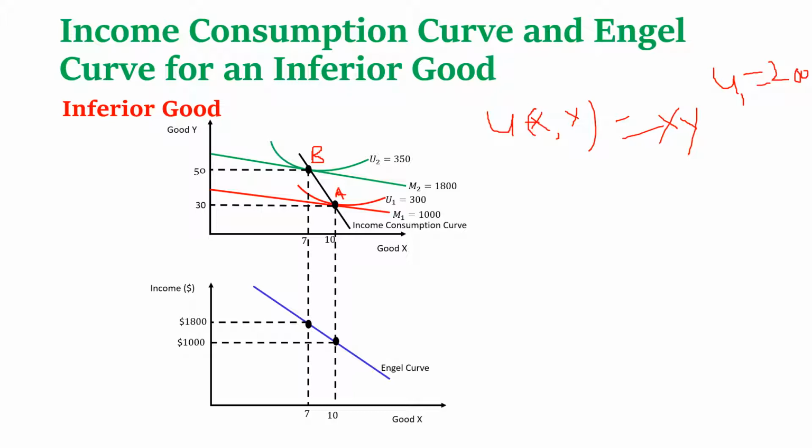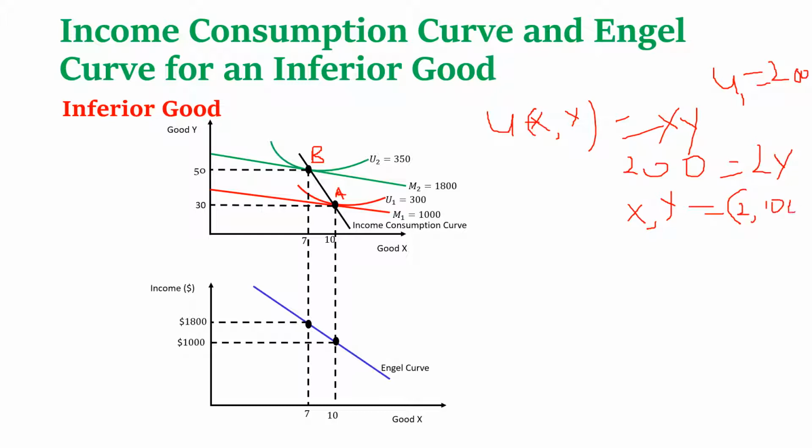As simple as that. All you need to do is say U1, 200, equals XY, and then you find the value of Y, which is just 100. So the point (X, Y) will be equal to (2, 100).